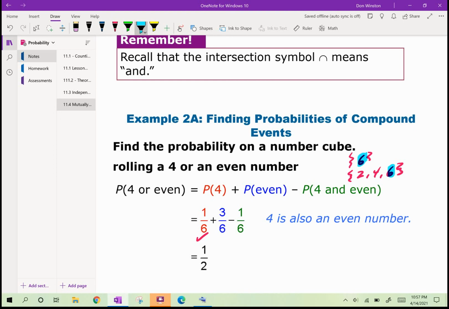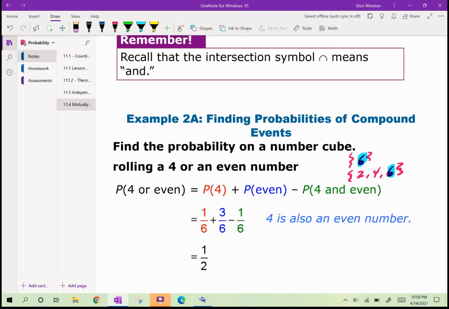The probability you roll an even is 3/6. But you have to subtract off the event of rolling a 4, which is common to both. So minus 1/6. So you get 1/2. Actually, when you think about it, it becomes intuitive. 4 or even number, well, it's kind of like an even number trumps the 4. It doesn't really matter when you say 4 if you say even number.